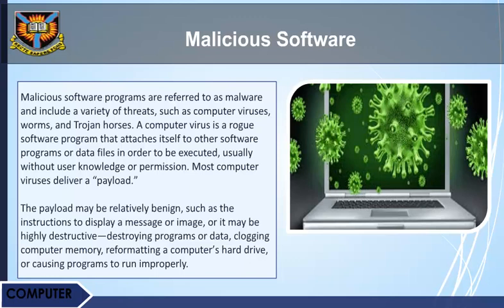Malicious software programs are referred to as malware and include a variety of threats, such as computer viruses, worms, and Trojan horses. A computer virus is a rogue software program that attaches itself to other software programs or data files in order to be executed, usually without user knowledge or permission.